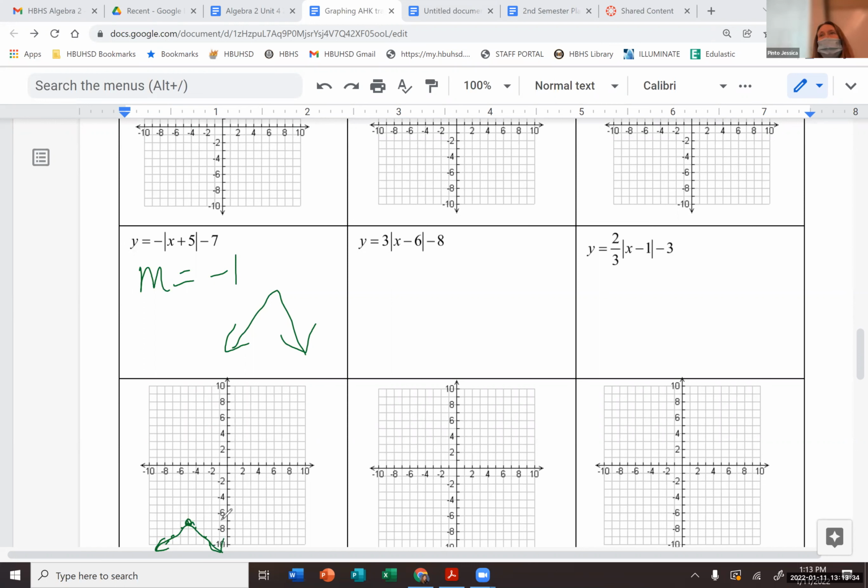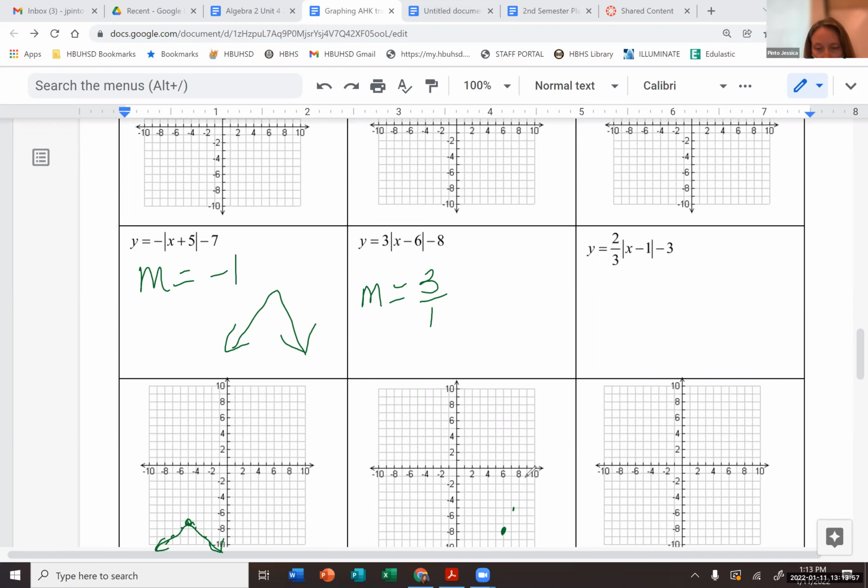That should be pretty quick. The slope is just negative 1. For the next function, I find the HK 6, negative 8. And the M is equal to 3, which is up 3 and over 1.